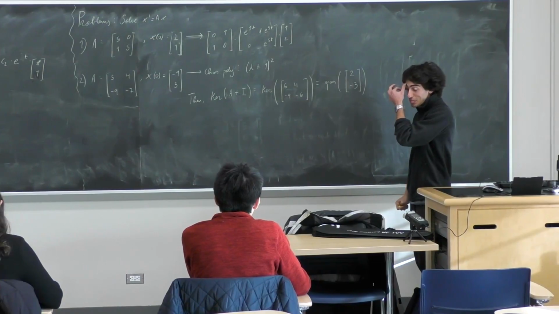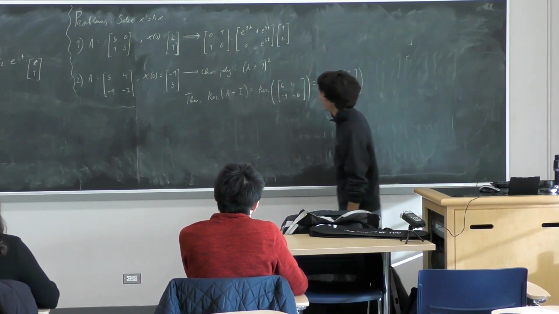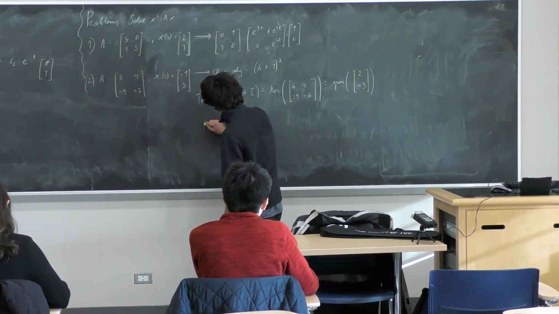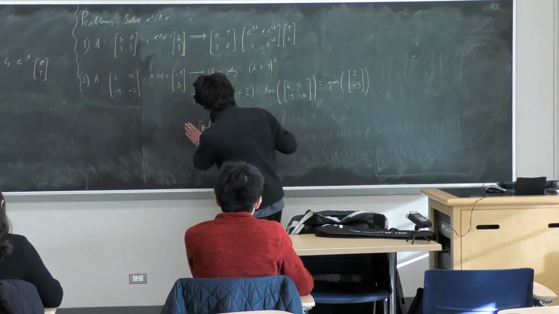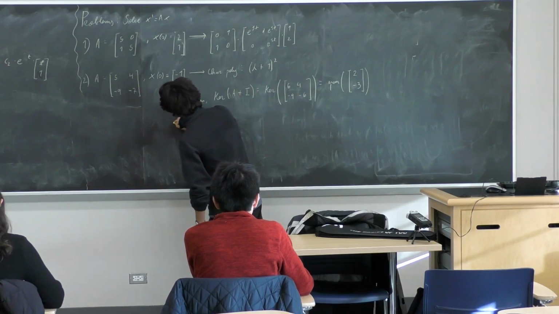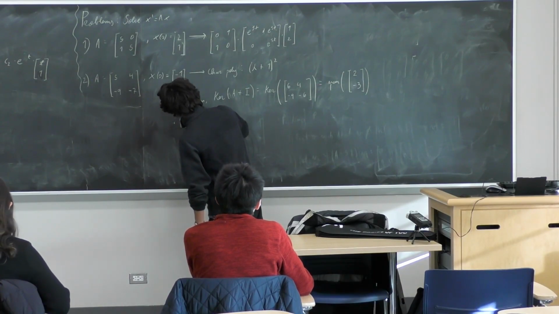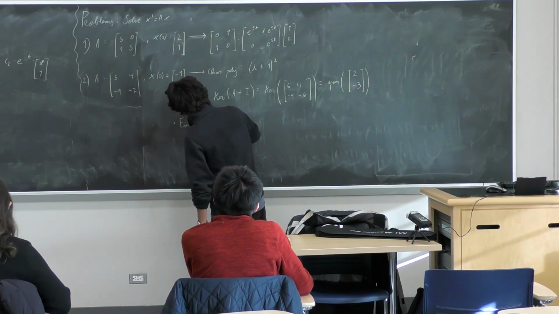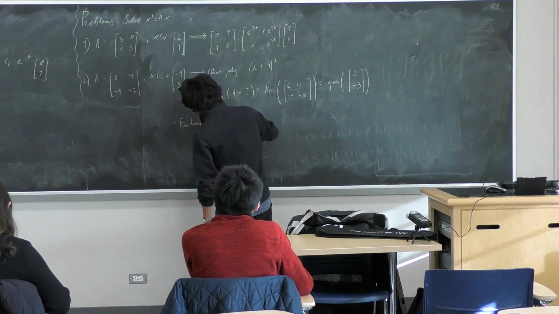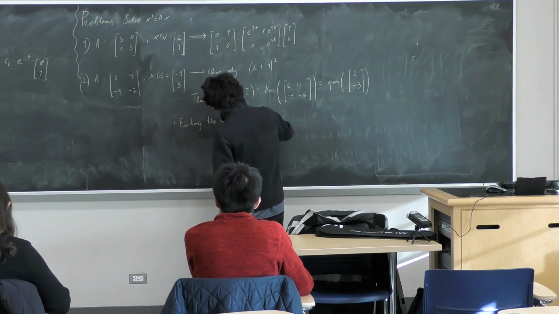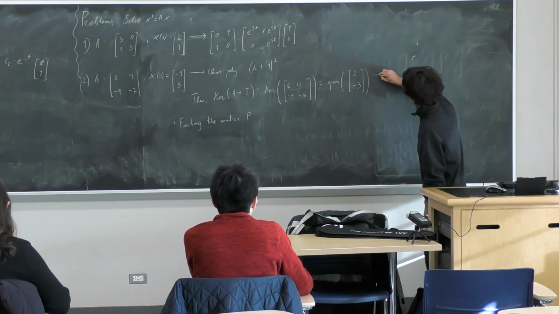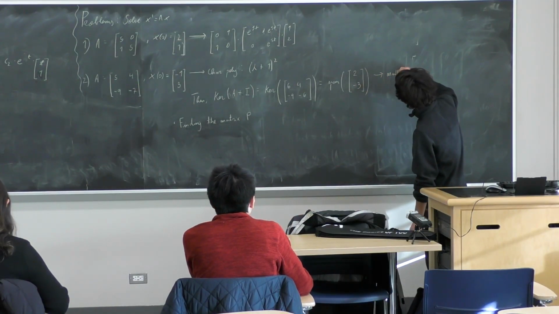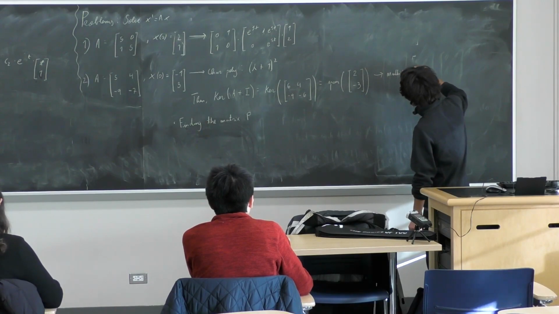So we're gonna apply the same procedure to find P. And then another reason is that you see that this has nullity 1, and also one Jordan block.